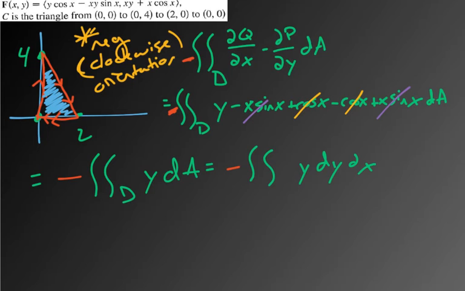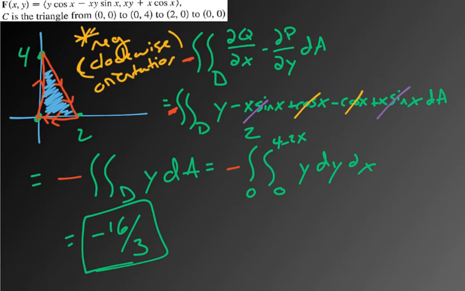And y runs from 0 to this line, which is 4 minus 2x, and then we go from 0 to 2 in x, right? It's another nice one. I'm not going to worry about going through all that. You should be able to solve these things pretty quickly now. So you get minus 16 over 3.